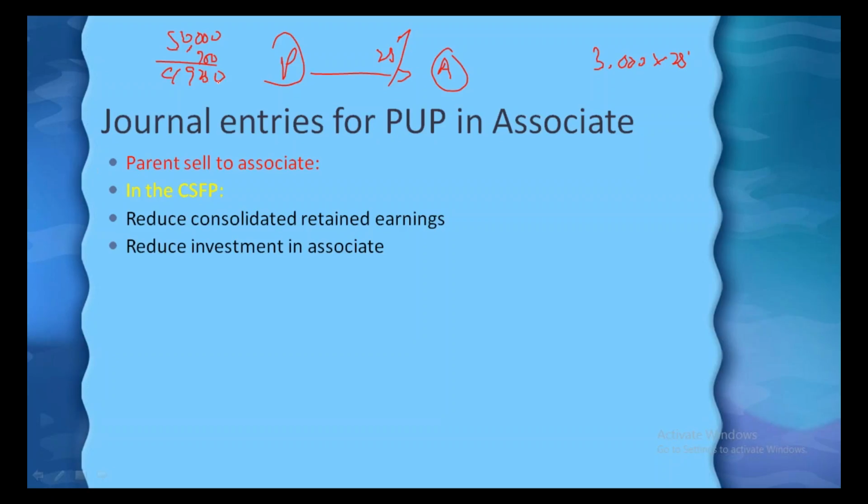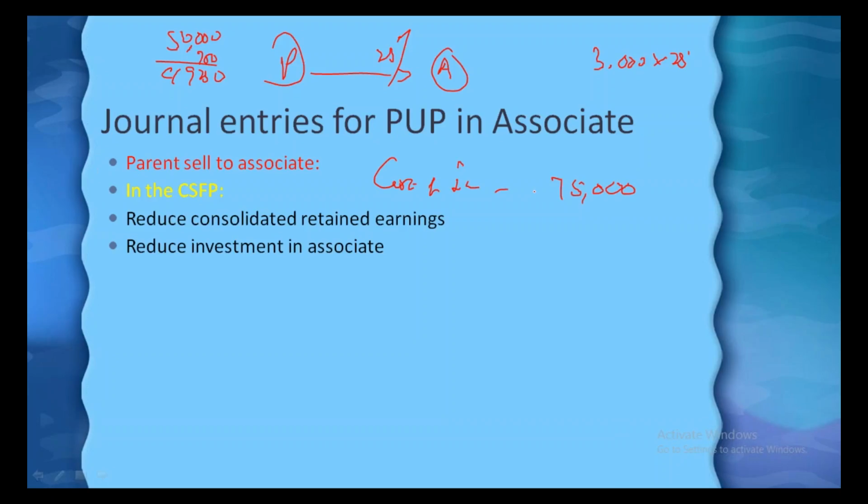And investment in associate. Originally, to buy this investment in associate, let's assume we bought this holding in the associate company and paid 75,000. This is what we call the cost of investment. Let's assume at the very beginning of the year we invested 75,000.